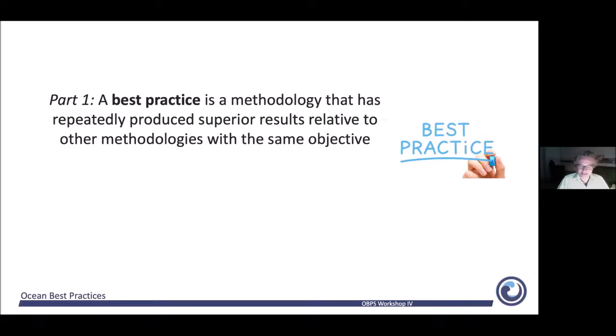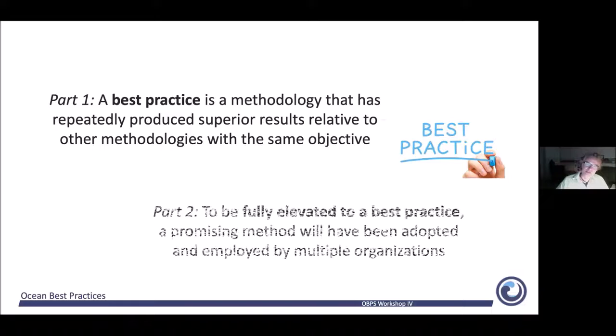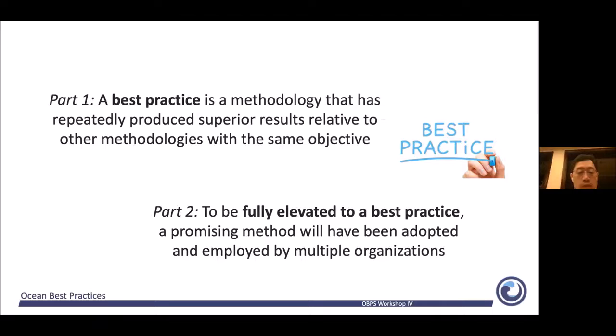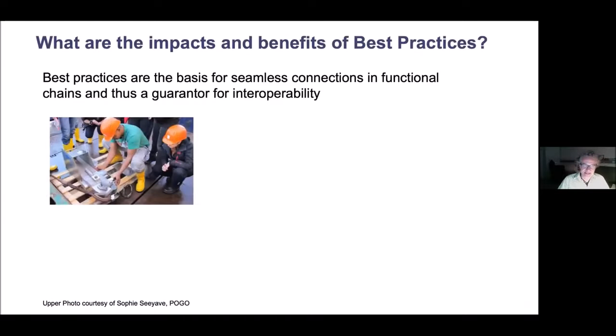Or others may say there are multiple methods that try to do the same thing. How do I know what are the real best ones? So there's another part to it: to be fully elevated to be a best practice, a promising method will have to be adapted and employed by multiple organizations or communities. This is very important. This is also a central part of this meeting here. What are these communities? How to elevate that?